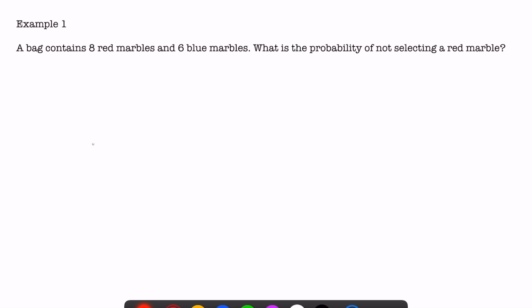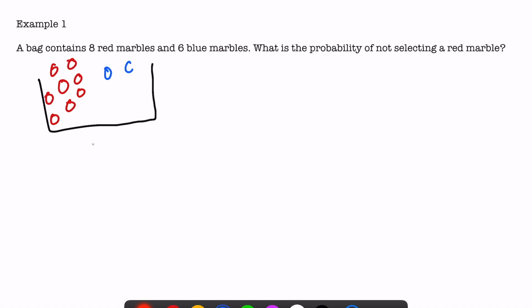We'll see one example here that contains 8 red marbles, 1 2 3 4 5 6 7 8, and 6 blue marbles. What is the probability of not selecting a red marble? So how many total marbles do we have? 8 plus 6, 14, right? How many red marbles?